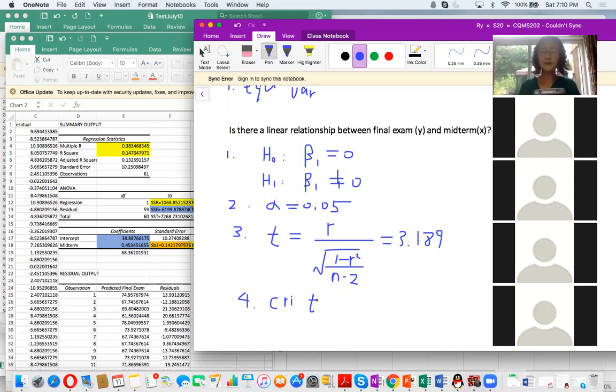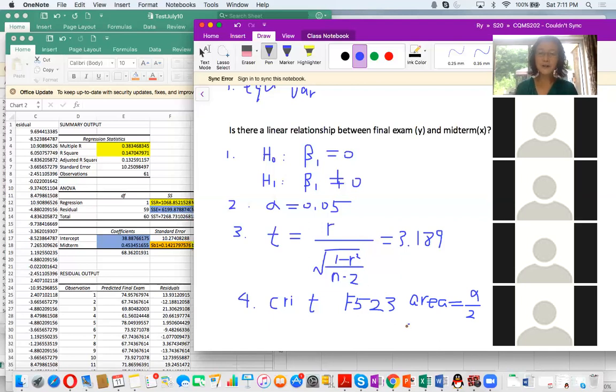Okay, so for the calculator, how do you find the critical value for t? You press F5 distribution, okay? And then F2 t distribution. After that, F3 inverse t. And then the area is half alpha. Alpha is 0.05, so the area is 0.025.